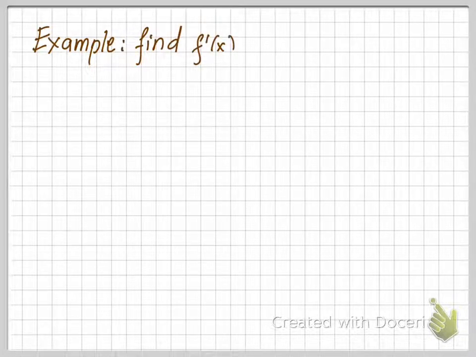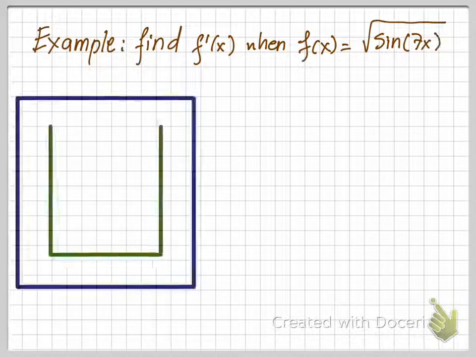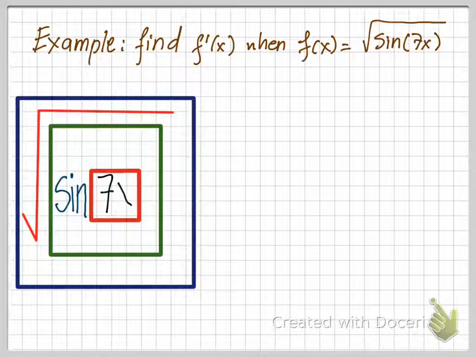Now let's look at another example. In this example, we want to find the derivative of a composite function, but this composite function involves 3 different functions. We have one function that is the square root, another that is sine, and another that is 7x. So this is a function composed with another function.